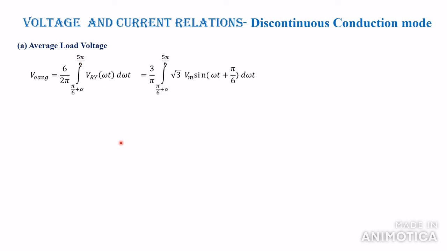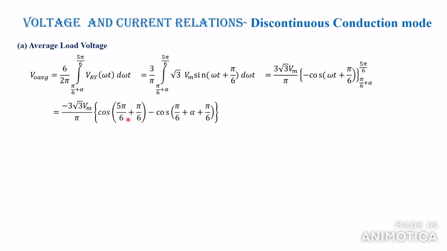Now substituting the formula for VRY, we'll write root 3 Vm sine of omega t plus pi by 6 d omega t. Outside we are having 3 by pi. On integration, this sine omega t plus pi by 6 can be written as minus cos omega t plus pi by 6 over the limits pi by 6 plus alpha to 5 pi by 6.